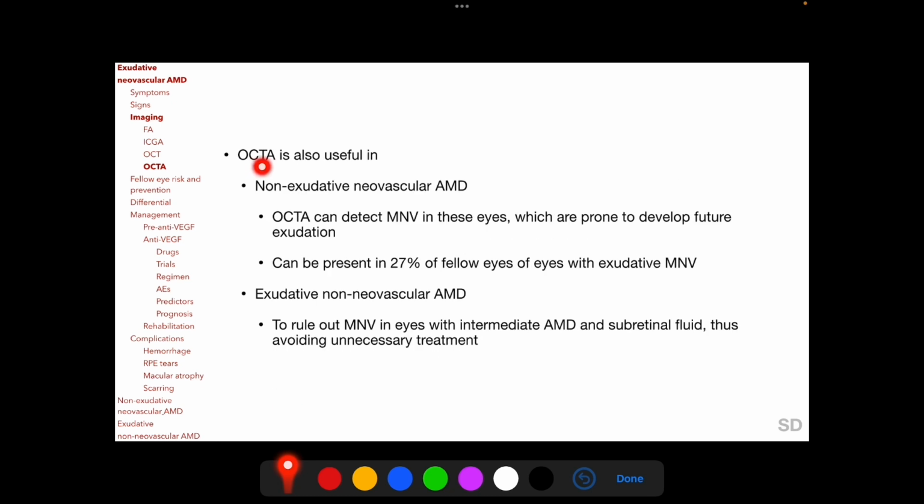OCTA is also useful to diagnose non-exudative neovascular AMD by detecting MNV in these eyes, which are prone to develop future exudation, and also to diagnose exudative non-neovascular AMD by ruling out MNV in these eyes, thus avoiding unnecessary treatment.